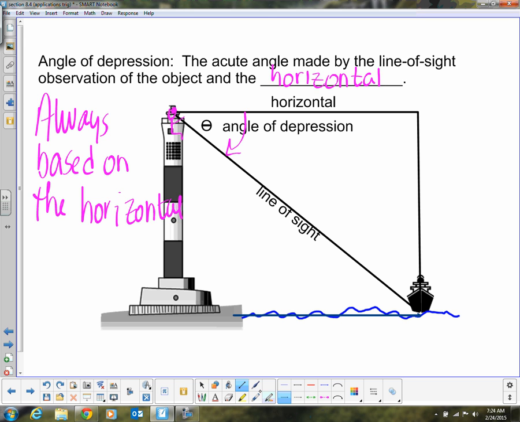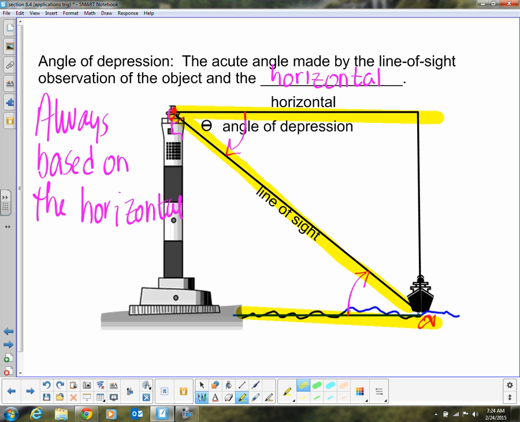Now, if you were a fish here, and you were looking up to the top of that lighthouse, what kind of angle is this? Angle of elevation. If you're here and looking down, it's an angle of depression. So my comment to you is, what kind of angles are the angle of depression and elevation?